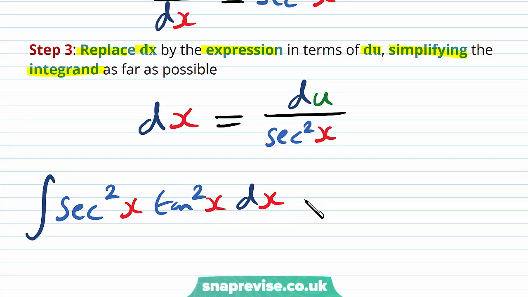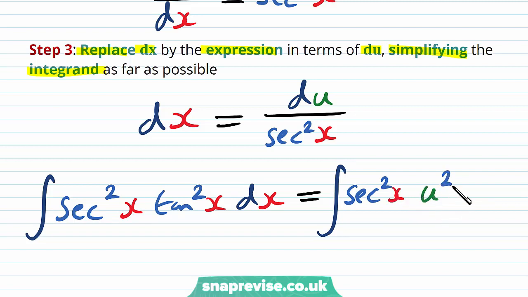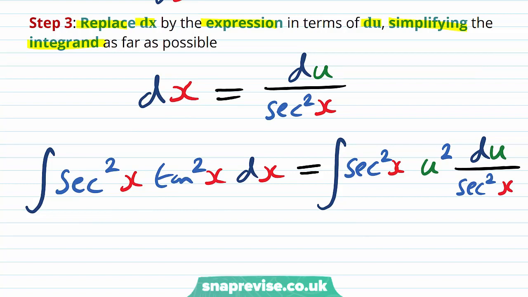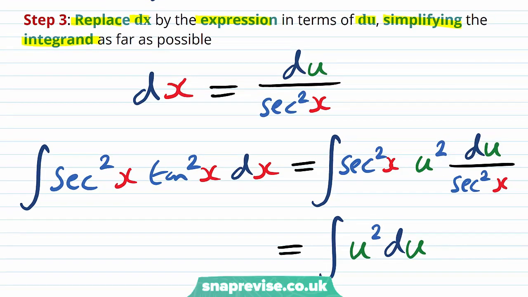And by substituting, this becomes the integral of sec squared x multiplied by u squared, because u is equal to tan x, and then we have a du divided by sec squared x. This is the property which is particularly useful. We now have the integral of u squared multiplied by du. It was useful because we divided off the sec squared in our dx expression. And now this is an integral we can indeed evaluate.